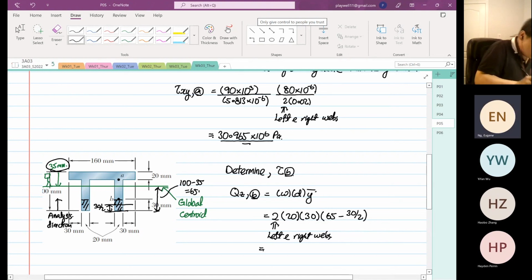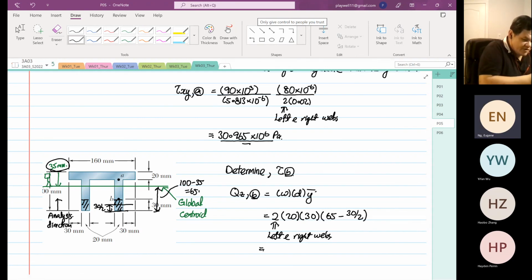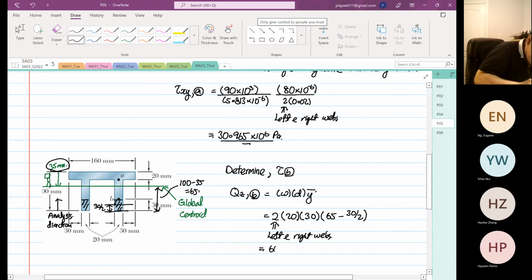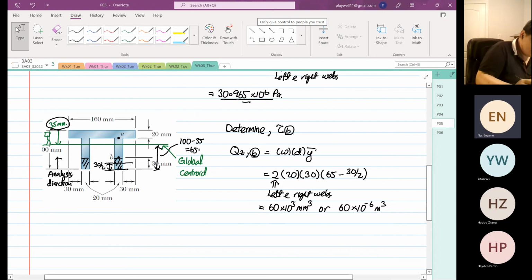So this will be equal to (65 minus 15) times 30 times 20 times 2. The first moment of area is 60 times 10^3 millimeter cube, or 60 times 10^-6 meter cube. So that is our Qz bar.